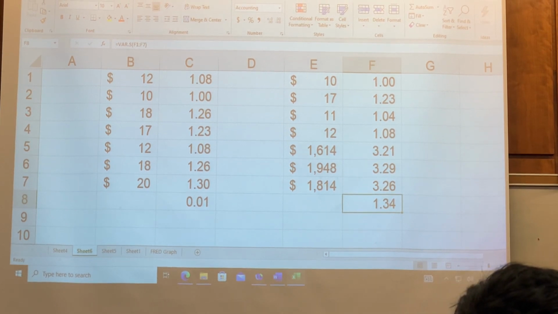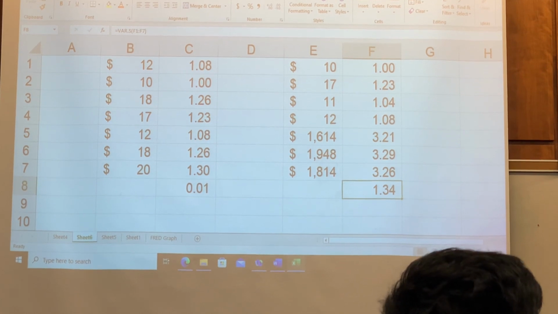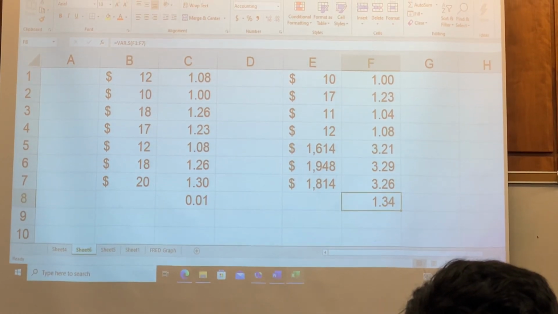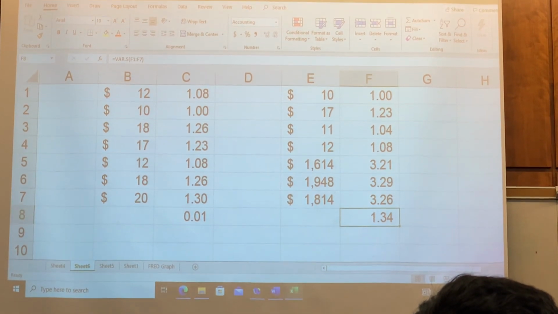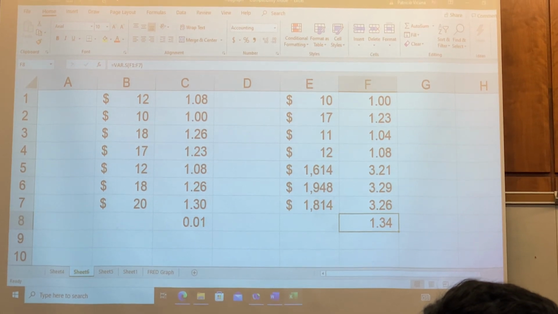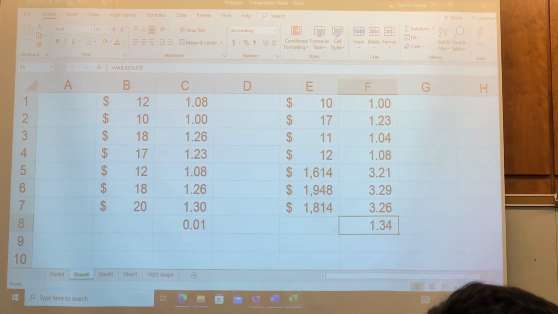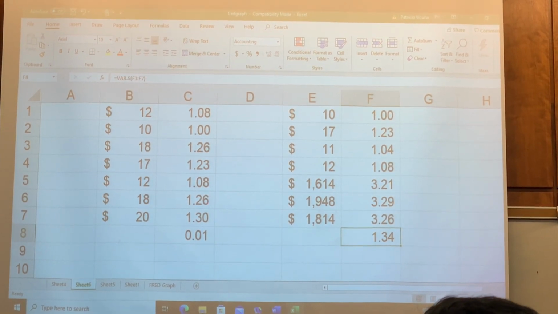Look at this. What I did is something extremely easy. I took the logarithm in C1 of $12. Same thing for each number, we took the logarithm. And then we calculate the variance of this column. And the variance is close to 0.